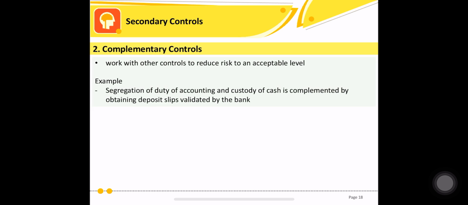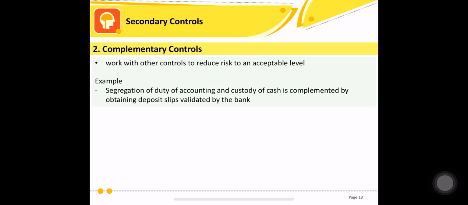then how can you rely dun sa tinatawag dating complementary control mo na obtaining deposit slips validated by the bank? Kung dun pa lang sa primary control, may tama na. So, nonsense din. So, what? Kung vinalidate siya ng bank, yung mga deposit slips mo, wala lang yun. Now, if you're gonna think of it, that document, that media, we call it media in banks, that media can help you to have an effective primary control.